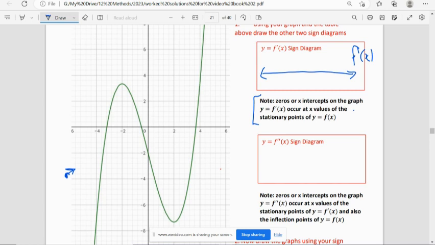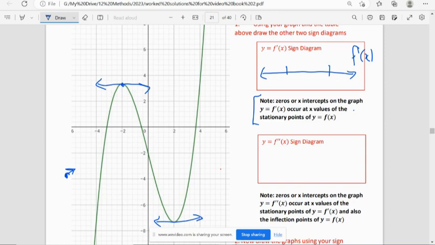We know that the notches we have down the bottom are where they are 0. And it says it here, so note that zeros or x-intercepts on the graph of the derivative occur at x values of stationary points. So hopefully that makes sense. There's one here, isn't there? So there's where the derivative is 0, a horizontal tangent.